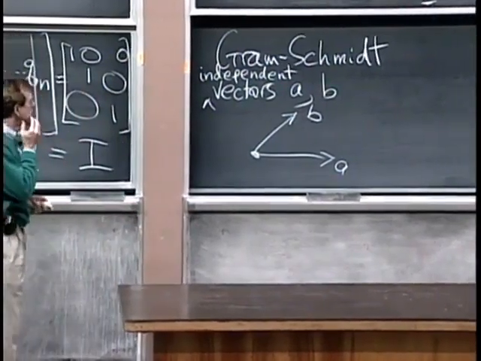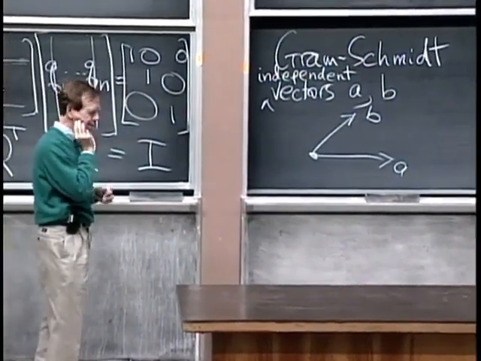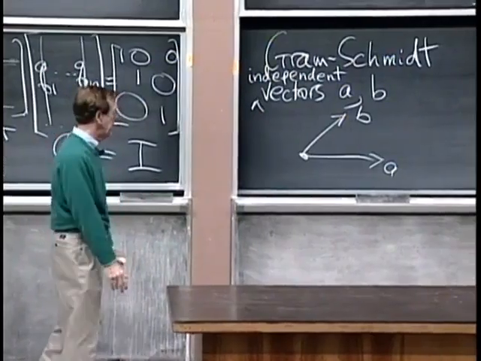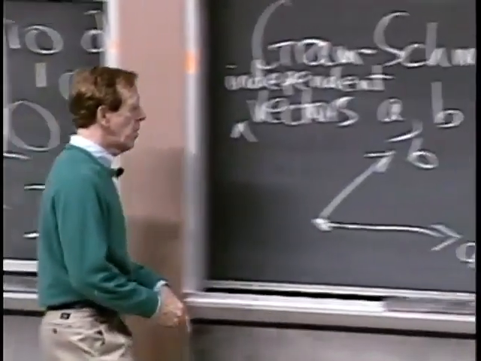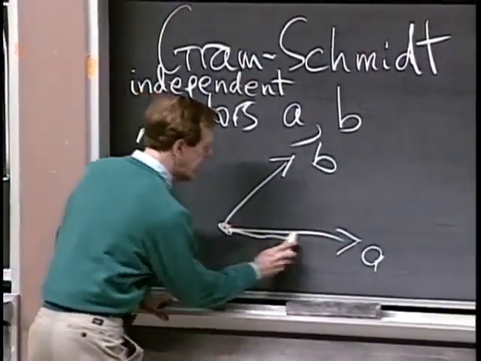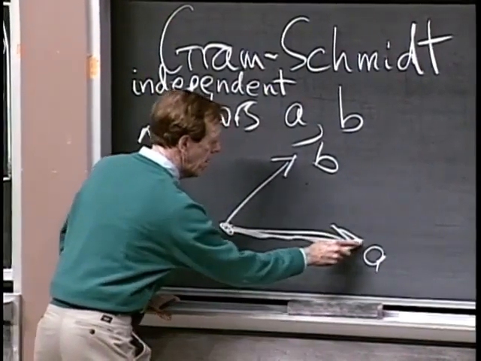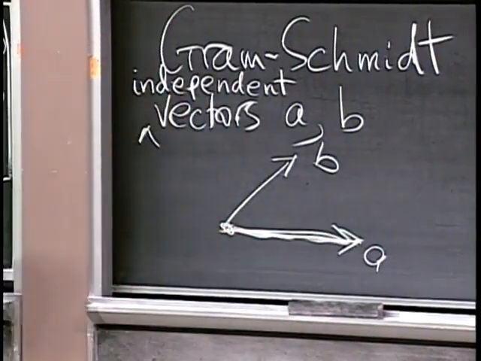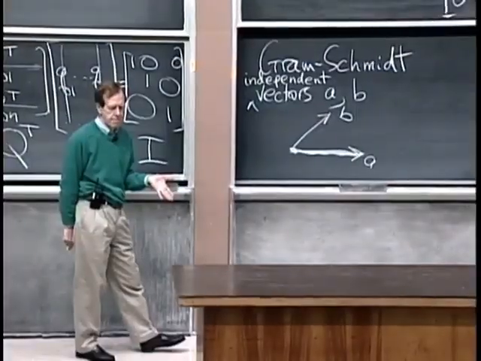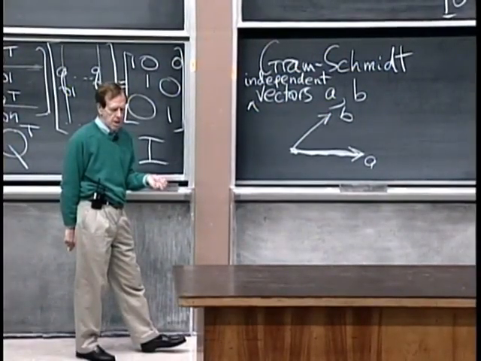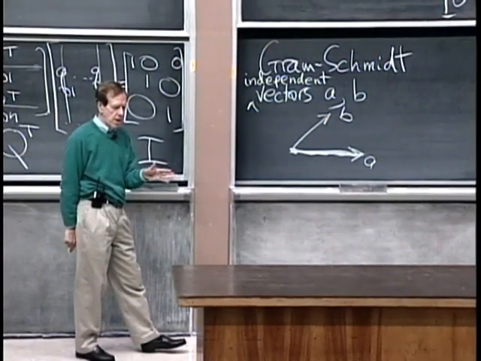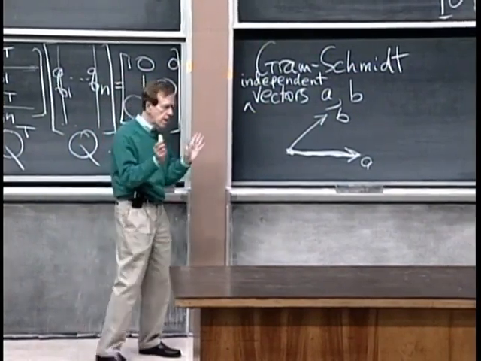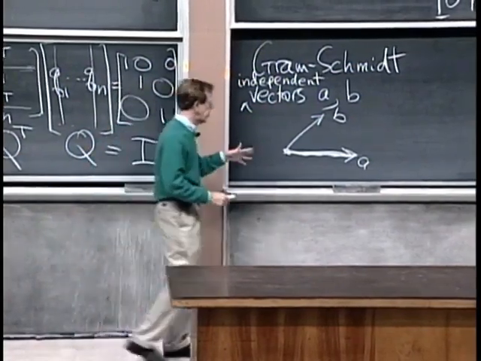But you'll see it. We don't need either of them, actually. So what am I going to do? I'll take this first vector. That direction is fine. I'll settle for that direction.